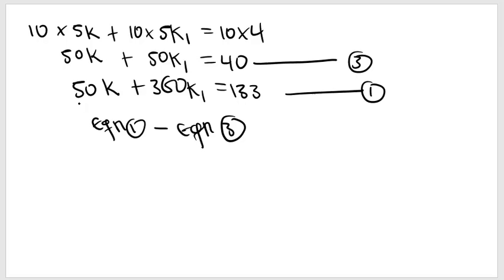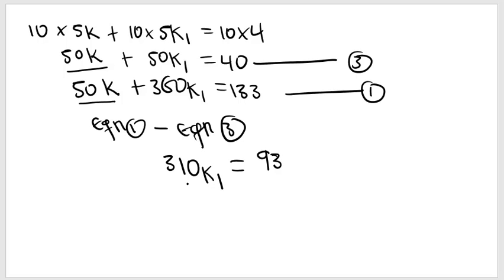Therefore, this 50k minus this 50k is going to give me 0. I come to this side: 360k1 minus 50k1 is going to give me 310k1, being equal to 133 minus 40, and that is going to give us 93. Now I have a linear equation involving just k1, so I can make k1 the subject.